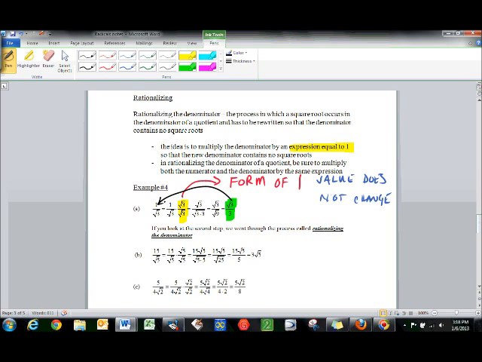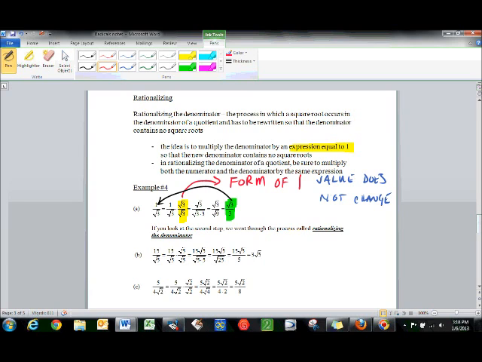We just want it to conform to all of the rules of radicals. So square root of 3 over 3, if you were to put that in your calculator and get a decimal, should equal the same thing as 1 divided by the square root of 3, except now the form of our radical fits all the rules for simplifying radicals. So this is rationalizing the denominator.